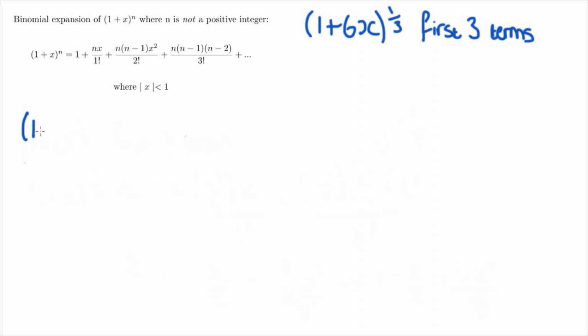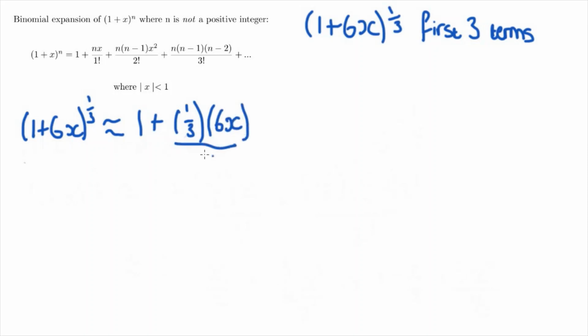So 1 plus 6x to the power a third is approximately 1 plus n is a third, but this time our x is not just x, it's 6x. So we have to substitute in 6x over 1 factorial plus n multiplied by n minus 1, which is minus 2/3, multiplied by x squared.